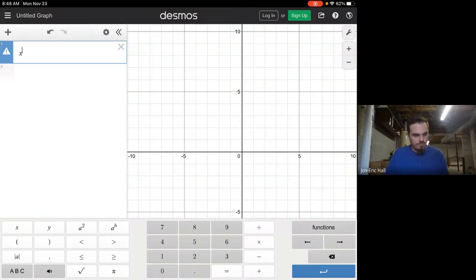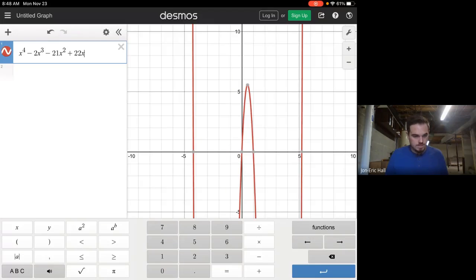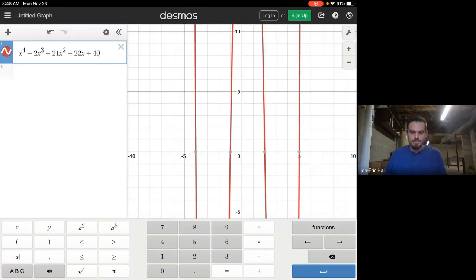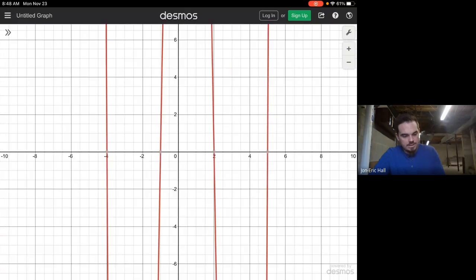So x to the power of 4 minus 2x cubed minus 21x squared plus 22x plus 40. Everywhere that I see a zero of the function, that tells me what my linear factors would be.